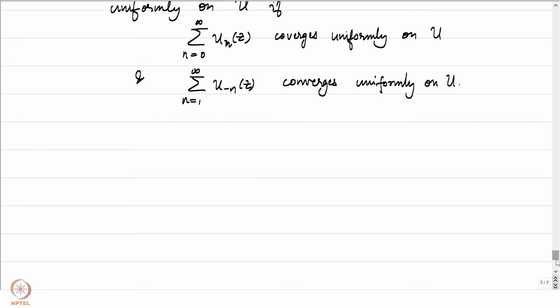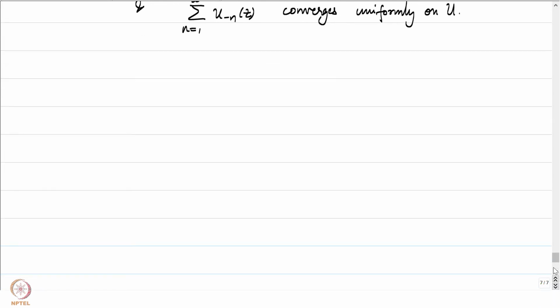We have also talked about what is meant by the uniform convergence of a doubly infinite series. Let me just set up one more notation that is needed for the Laurent series development that I am talking about.